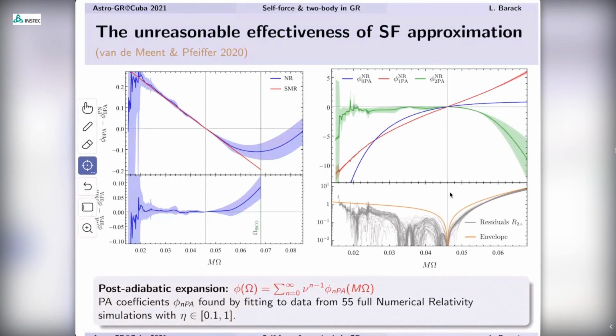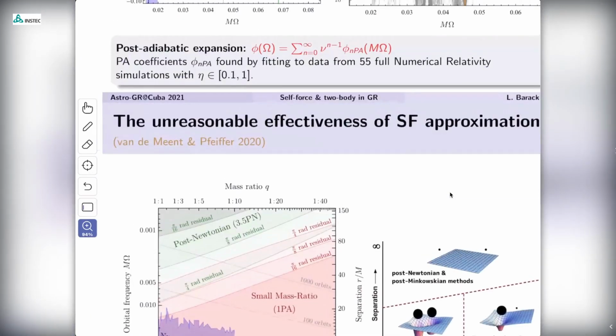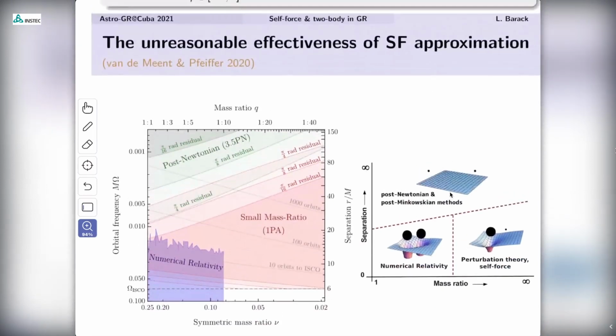By comparing these two things, you can measure what would be the higher order self-force corrections, the second order and the third order. And you can therefore create a map like this, which is a quantitative version of what we have here, where we have the numerical relativity results.